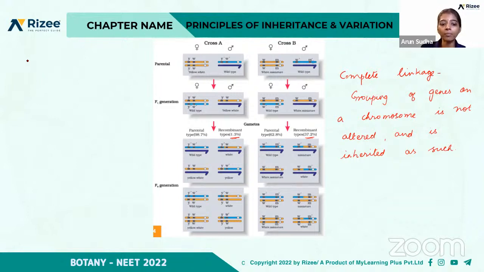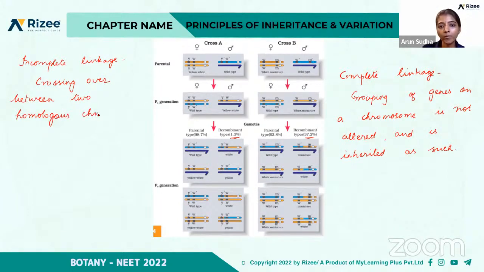But if you take incomplete linkage, here there occurs a crossing over between two homologous chromosomes, and one or more alleles present in the linkage group are replaced by another allele.